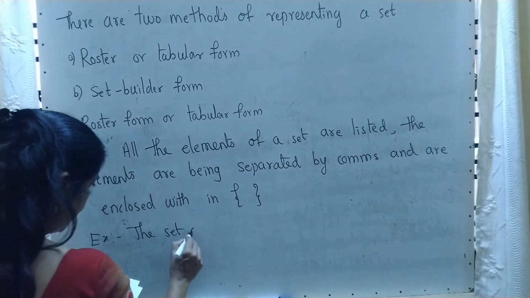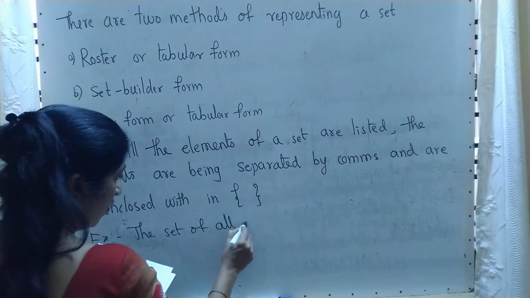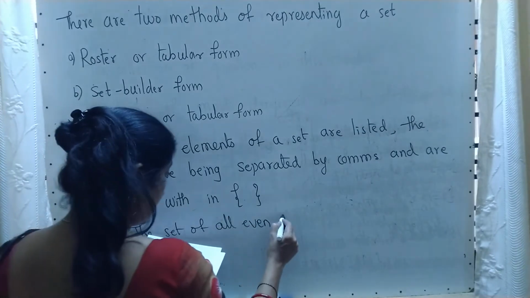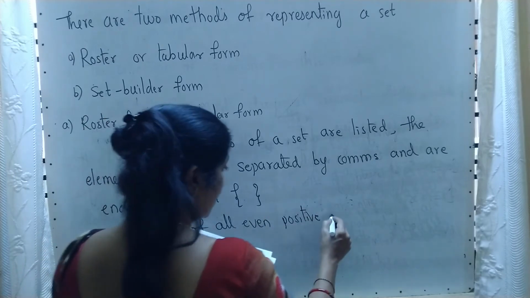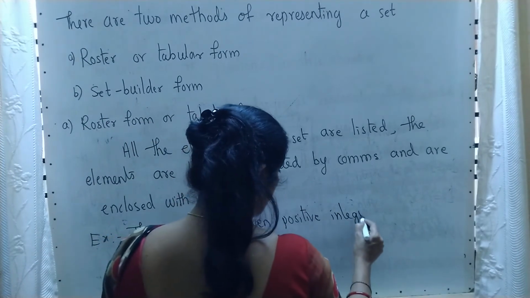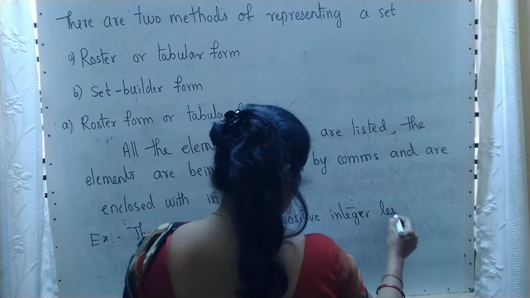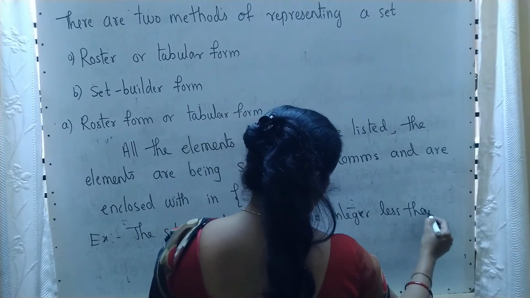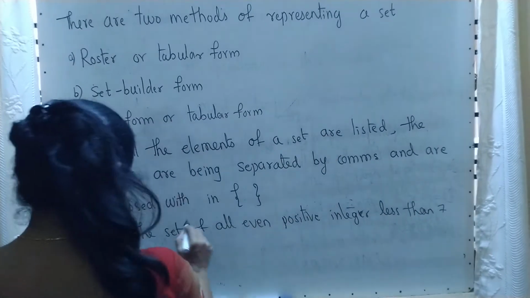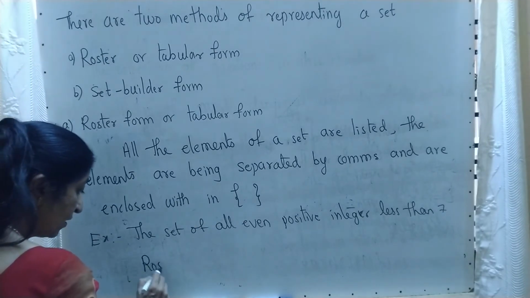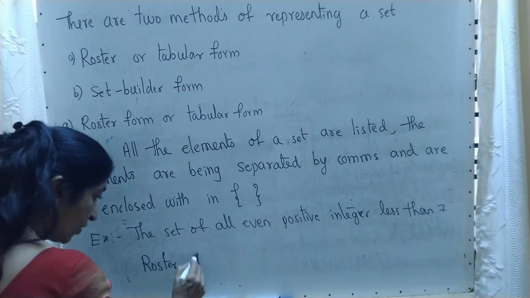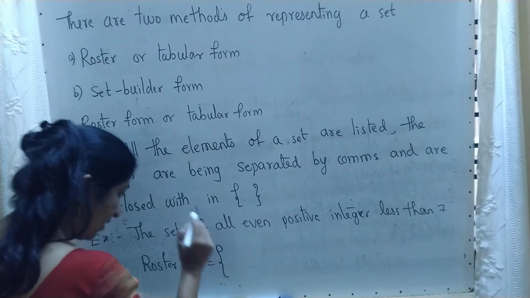See, the set of all even positive integers less than 7. Here, according to this statement, you have to write the set. So let us denote the set as A and write the elements in the flower bracket.